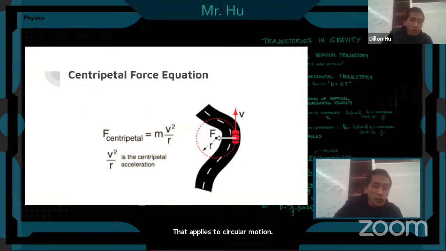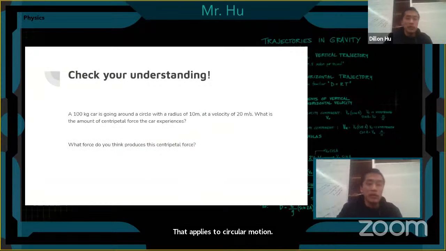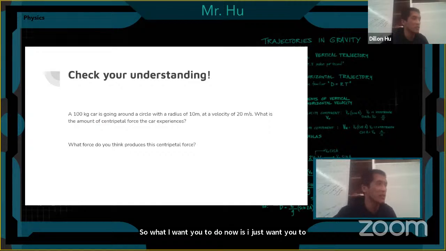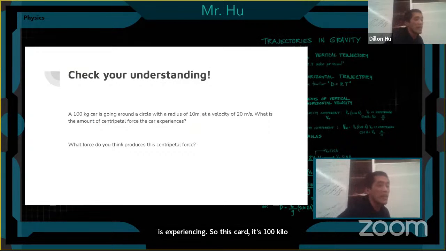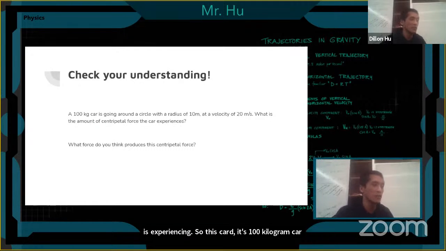So what I want you to do now is quickly figure out how much centripetal force this car is experiencing. This car is a 100-kilogram car that is successfully going around in a circle with a radius of 10 meters at a velocity of 20 meters per second. I just want you to quickly figure out what is the amount of centripetal force that the car is experiencing.